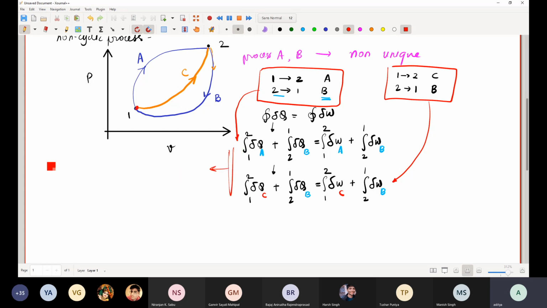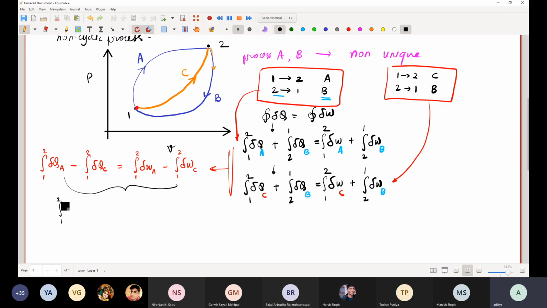So subtracting, I will obtain the integral from 1 to 2 of del Q A minus the integral from 1 to 2 of del Q C. This will be equal to the integral from 1 to 2 of del W A minus the integral from 1 to 2 of del W C. Let me rearrange the terms.